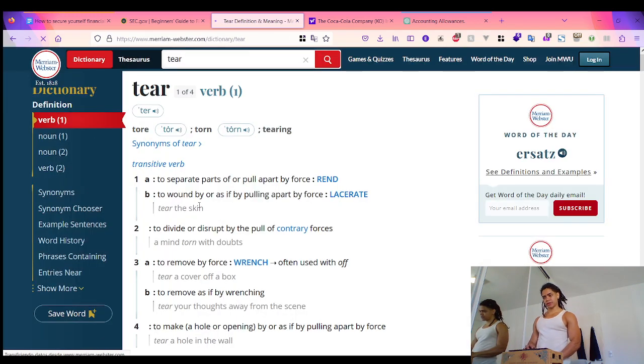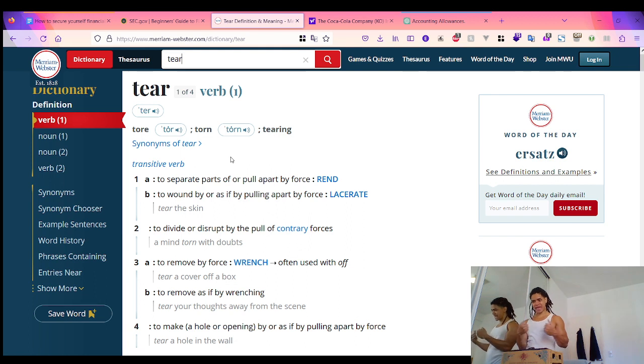Okay. To separate a part or pull apart by force, transitive verb: to wound by or as if by pulling apart by force, lacerate. To tear. Okay. Laceration.